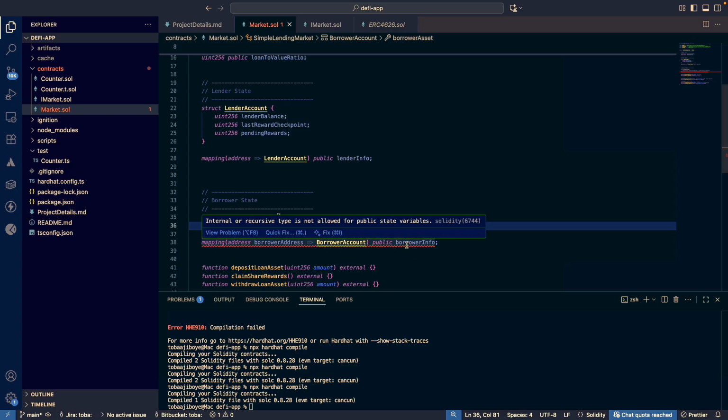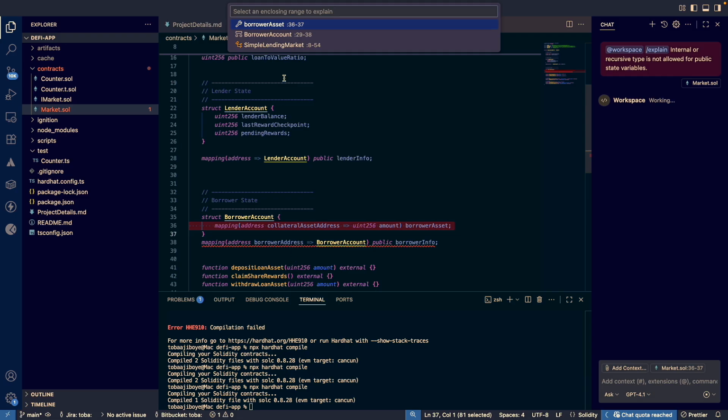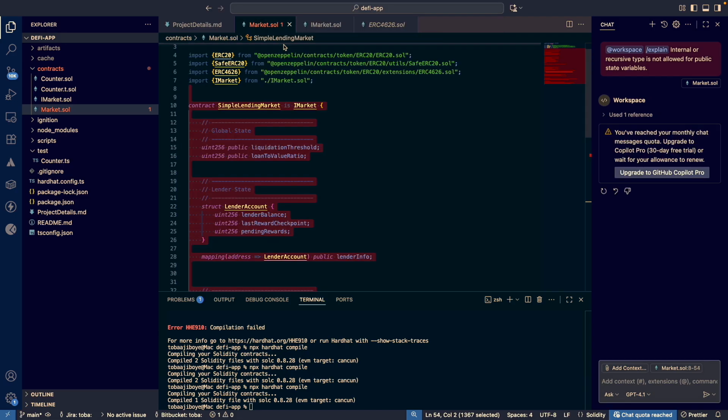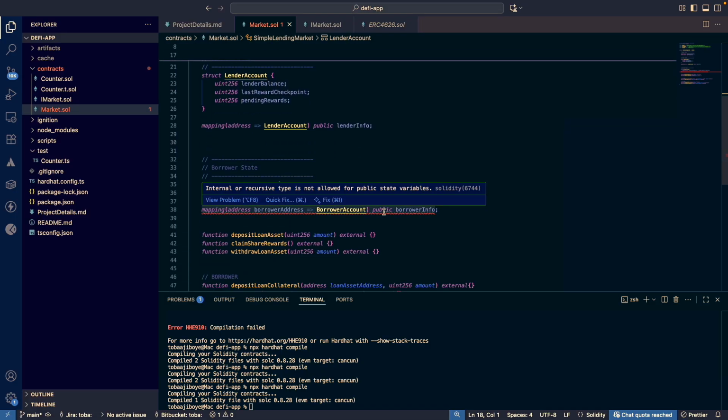What is the problem? Quick fix. What's the problem here? Use the entire context. Ugh. Yeah, no use. So it's saying that I have a problem here. What could be the problem? You know what?